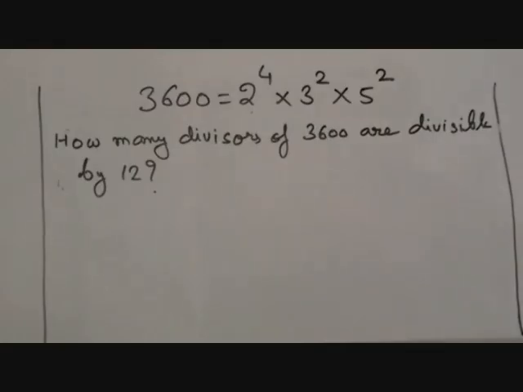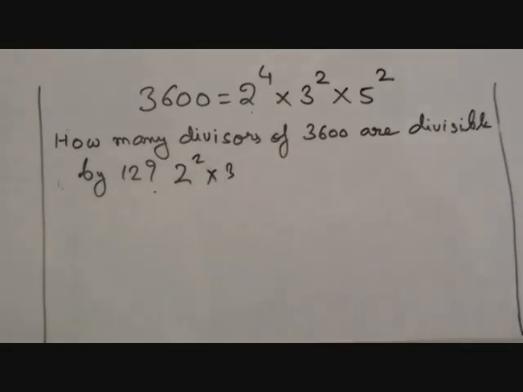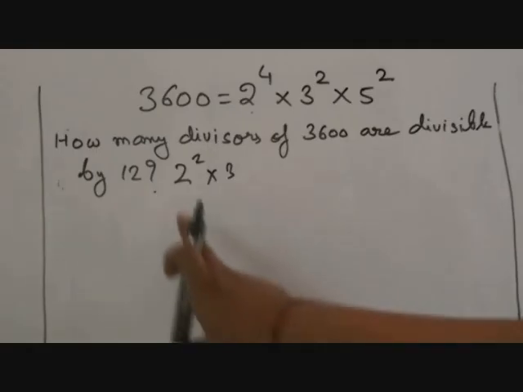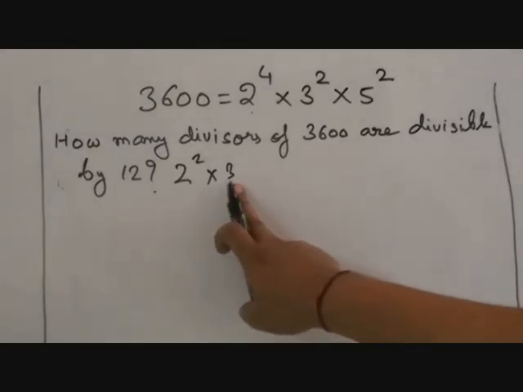Now, since we have seen the method for calculating the number of divisors, we can manipulate it to calculate for whatever conditions are given on the divisors. For example, let's see a simple question. How many divisors of 3600 are divisible by 12? Now, 12 is equal to 2 squared into 3. So, for a divisor to be divisible by 12, it has to have at least 2 squared and at least 3 in it.